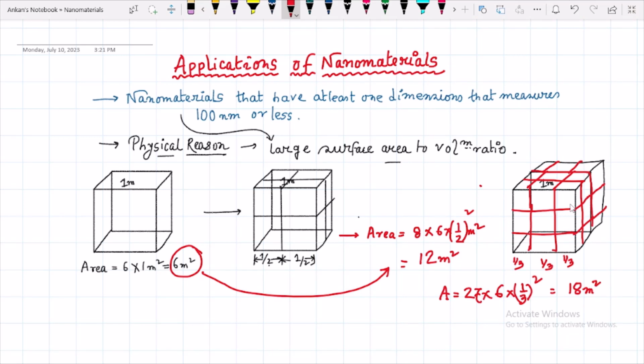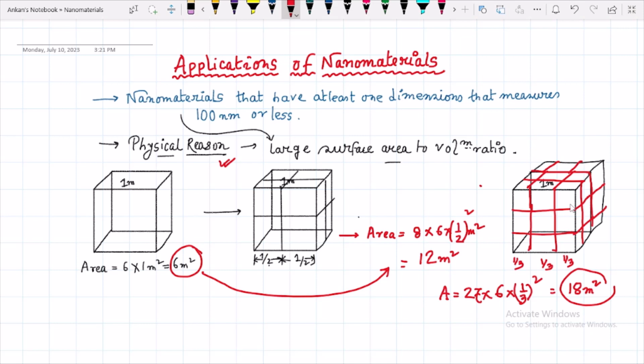So you can see that by the division of the side length into 1/3, the area increases to 3 times that of the bulk one. So this is the basic principle for the great difference in the physical properties when we reduce the bulk material to smaller compartments. Now the nanometer order is very important, because it has been observed by experimental procedure.